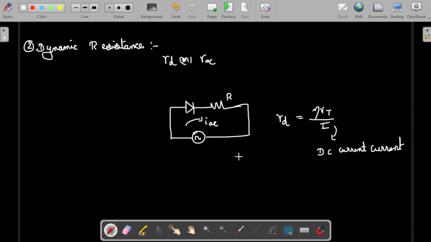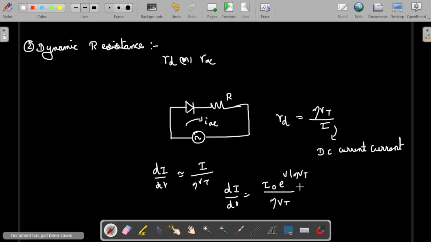So this thing you can remember. The change of dI by dV because of the AC signal voltage will be approximately equal to I divided by eta VT. So that's why this is happening. So we can even derive this one. So dI by dV will be equal to the I equation, which is e power V by eta VT, divided by eta VT.